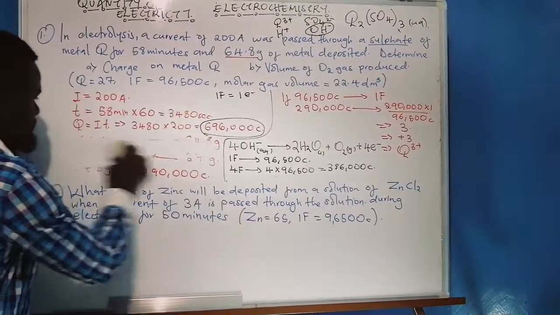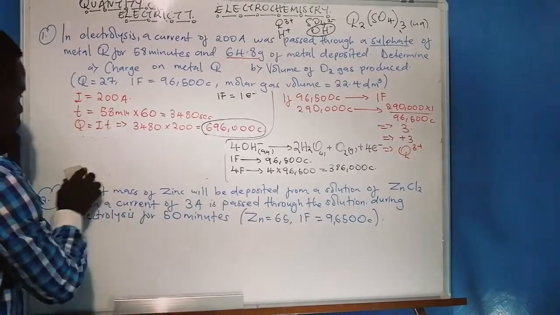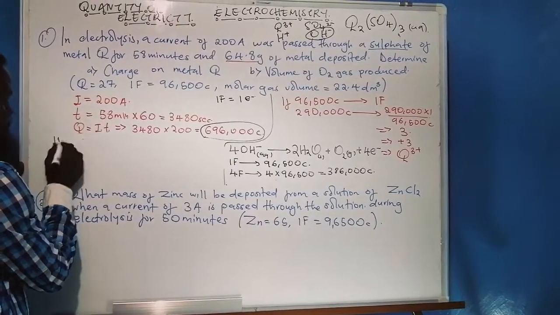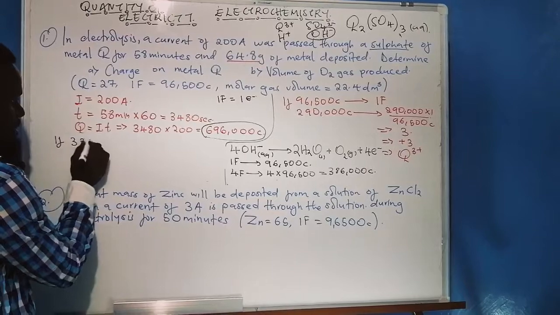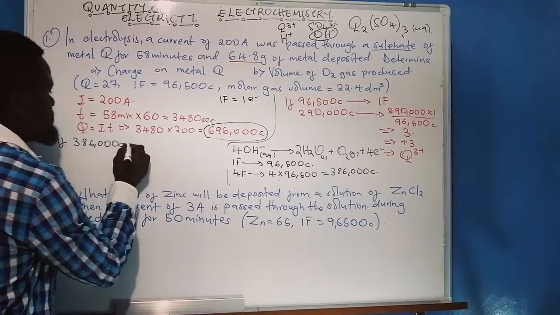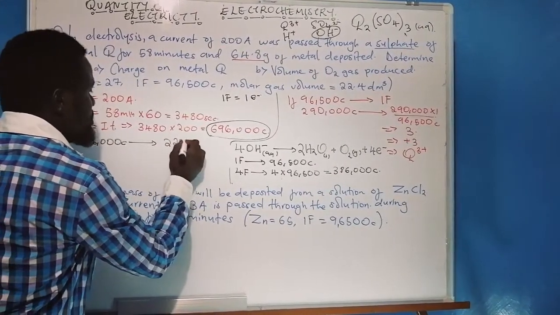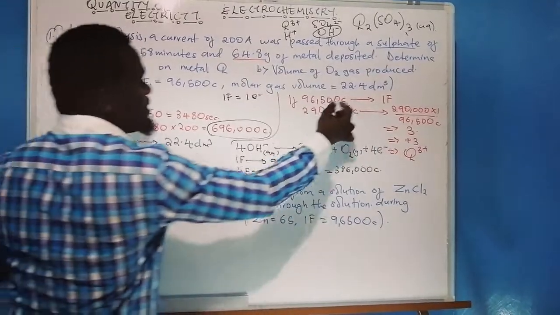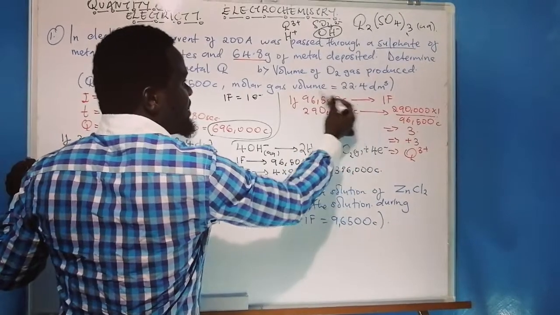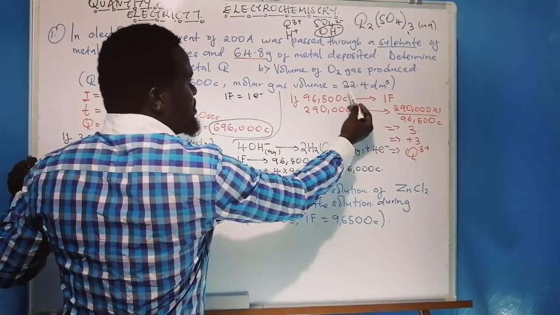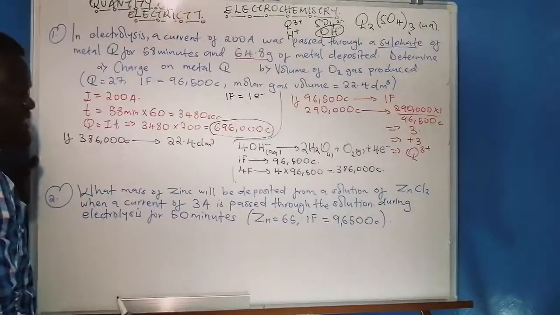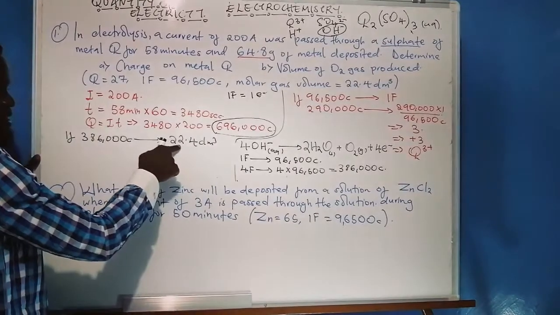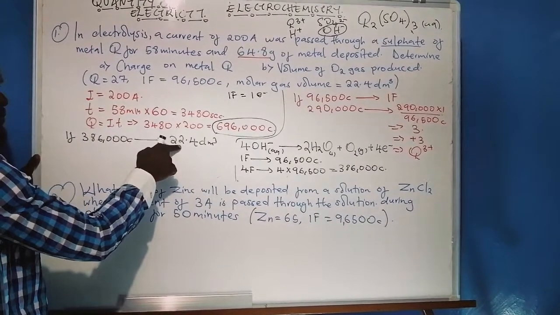I will now say that if 386,000 coulombs gives out 1 mole of oxygen, so molar gas volume means that 1 mole of a gas at STP occupies 22.4 decimeter cube. That is why this quantity of electricity produces this amount of oxygen in terms of volume.